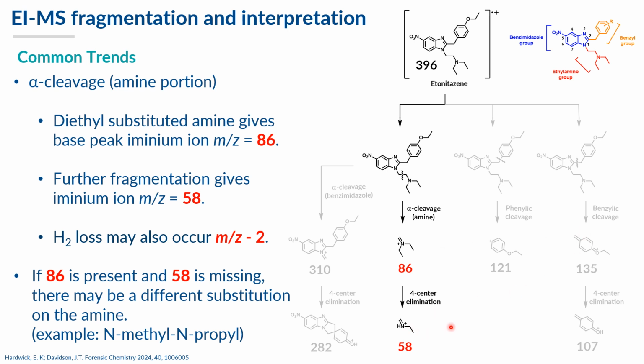But if you see a base peak of 86 and a secondary fragment of 58, you can be pretty confident that this amine is substituted with two ethyl groups. If you see m/z 86, but you don't see 58, then another substitution pattern could be possible, such as an N-methyl and propyl substitution. Now, something to note on all of these fragments is that a loss of hydrogen from these ions can occur, resulting in an m/z -2 of both or either of these fragments.